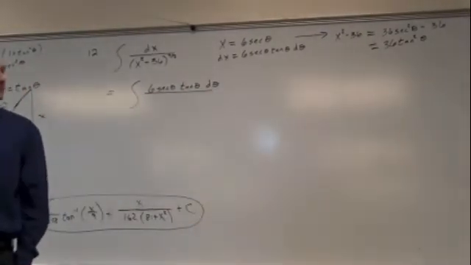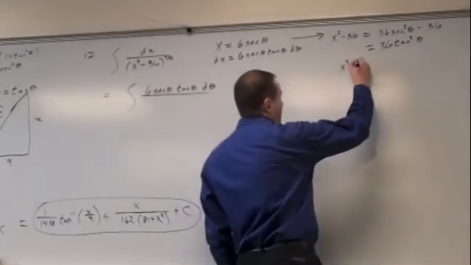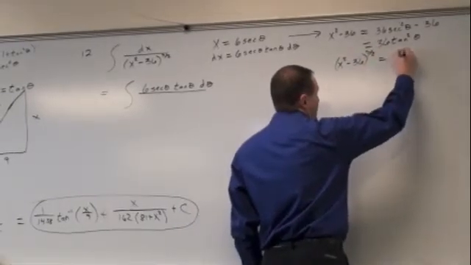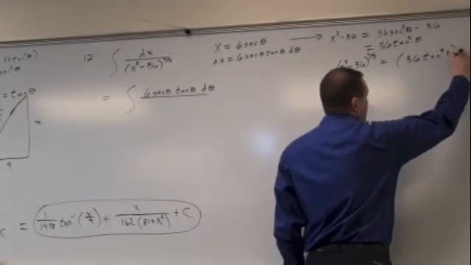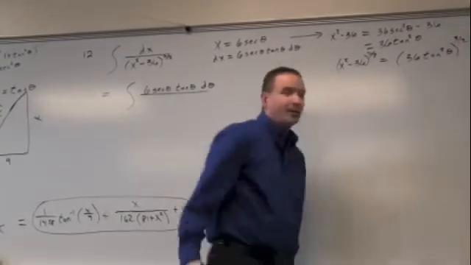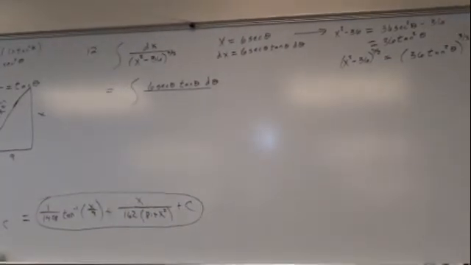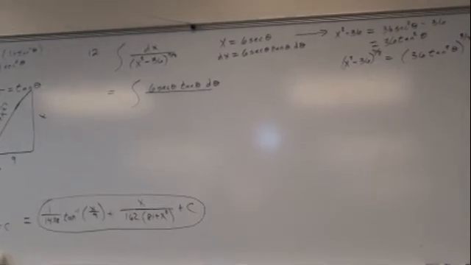My denominator, I'm thinking, well, if I have x squared minus 36 to the 3 over 2 power, it's going to be this group to the 3 over 2. What's 36 to the 3 over 2 power? The square root of 36 is 6. 6 to the 3rd power is 36 times 6, 216.